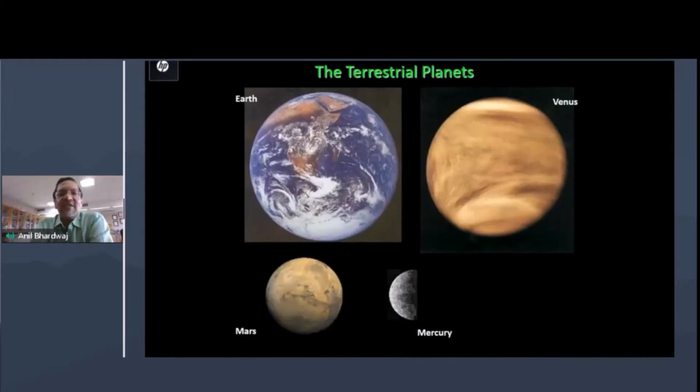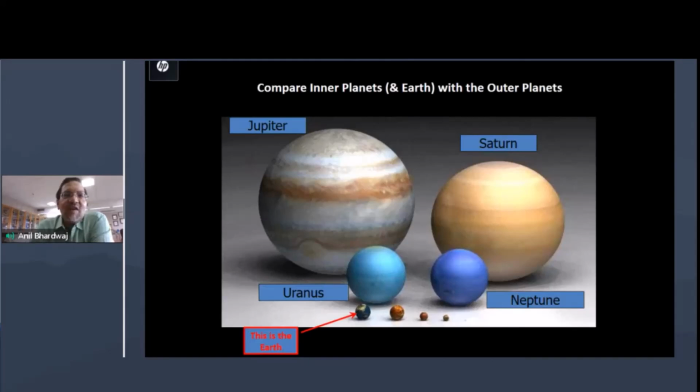Now, if you look at this picture, where we see these four terrestrial planets, Earth, Venus, Mars, and Mercury, you can say Earth and Venus both are similar size. Mars is roughly half, and Mercury is 1/3 the size of the Earth. But when you compare this with the outer planets, Jupiter, Saturn, Uranus, Neptune, certainly Jupiter is the largest planet in our solar system, and Earth is the 5th largest.